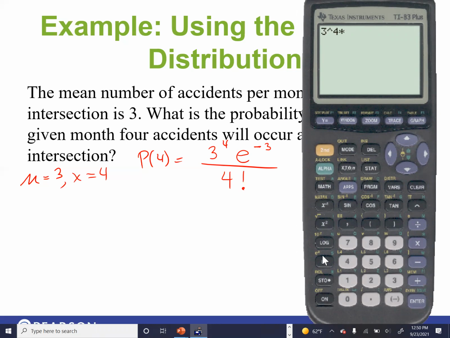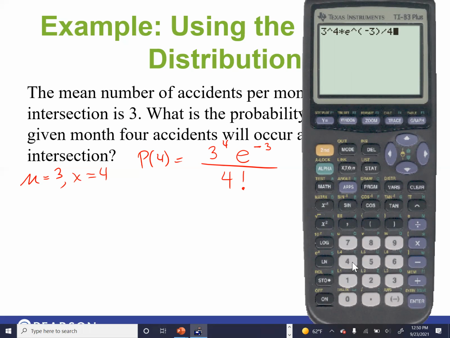Let's find the e button. It's what is called the LN button, the natural log button, and then e is the exponent. And it's a negative 3. Your negative sign is right here. This guy is a subtraction symbol, an operation in mathematics. This guy is a negation. Two totally different things, though they look the same. Okay, I'm going to close that off, and then divide by 4.